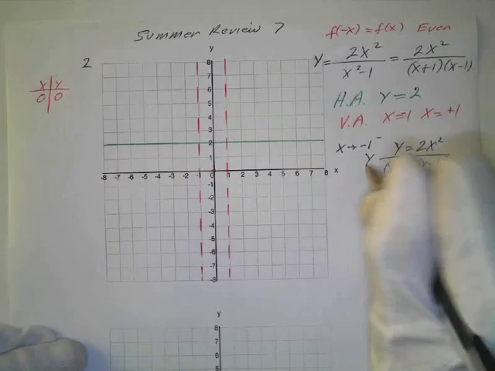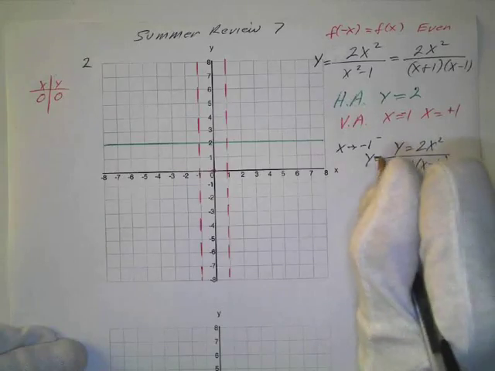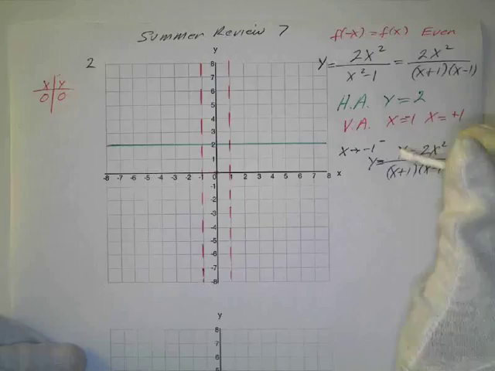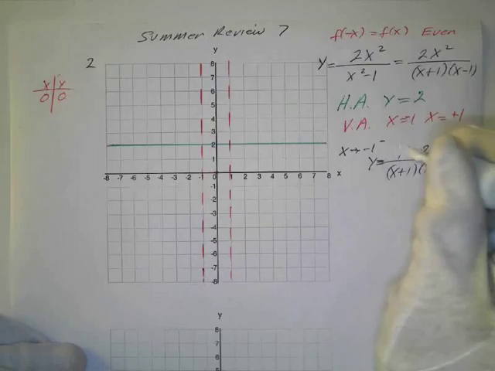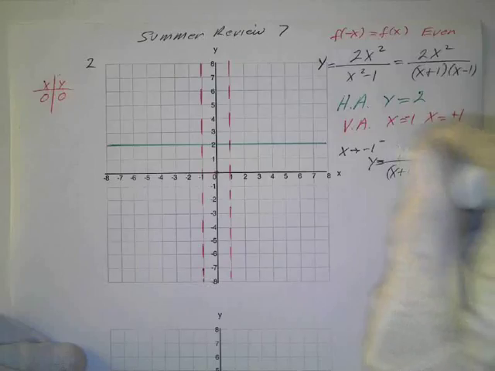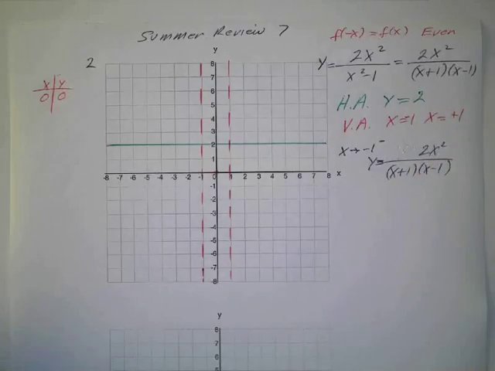So it should be y equals like that. So let me just white out that part up there. Now what we're going to do is we can substitute in some value. See, the only problem we have is when x is negative 1. We don't have a problem when x is 1 because that's okay.